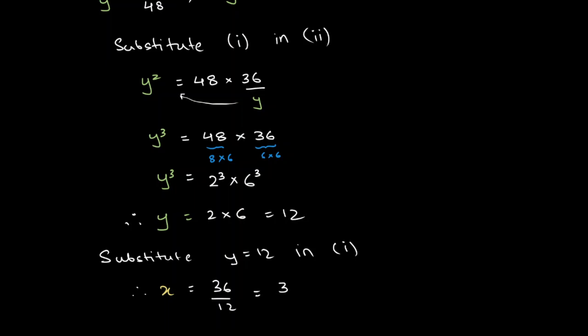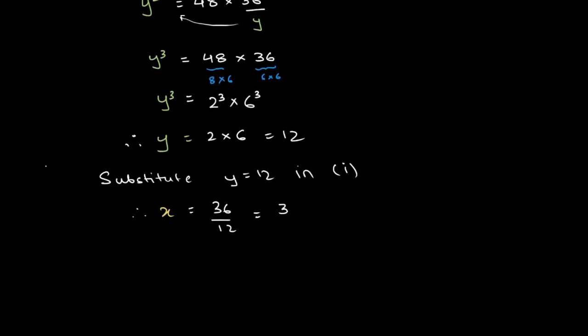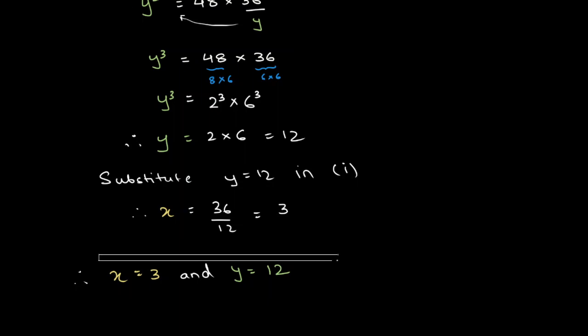So there you have it. We have the values for x and y. We wanted to find the numbers, and that's what we've just done. So our final answer is x is equal to 3 and y is equal to 12. This here is our final answer, which we will put in a rectangle.